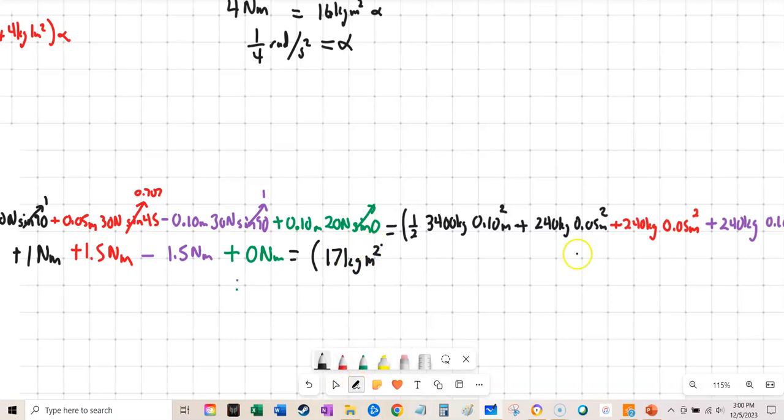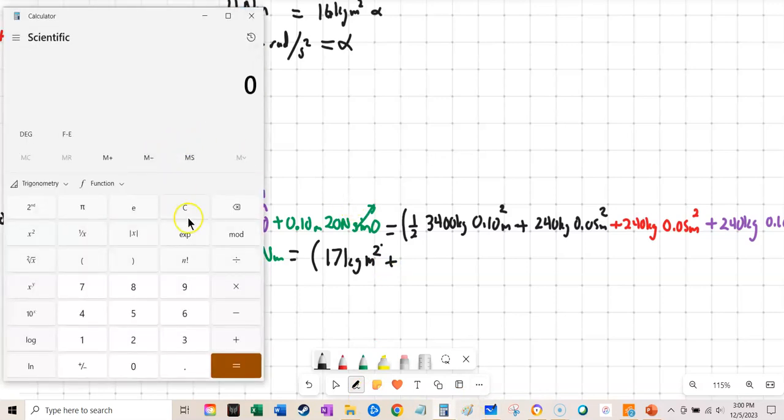Okay, let's talk about the black. Let's figure out the moment of inertia of the black satellite. All right, so that's 0.05 that we're going to have to square times 240 kilograms. So that's 0.6 kilogram meters squared.